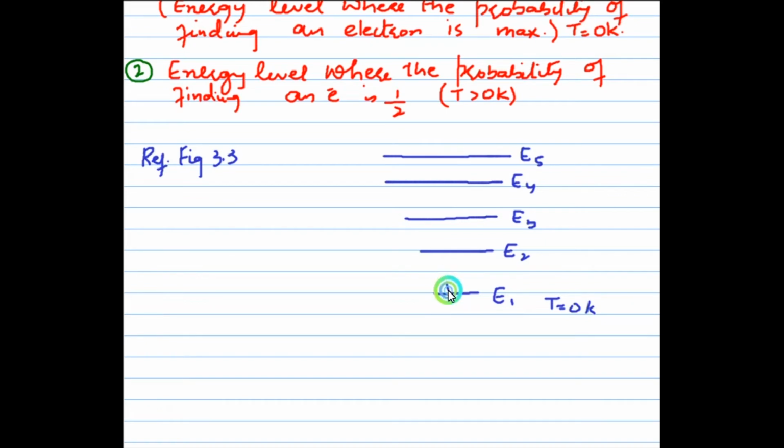So you have one quantum state here. We have at E2 2 quantum states like this. We have at E3 4 quantum states. We have at E4 7 quantum states. And at E5 we may have 9 quantum states.